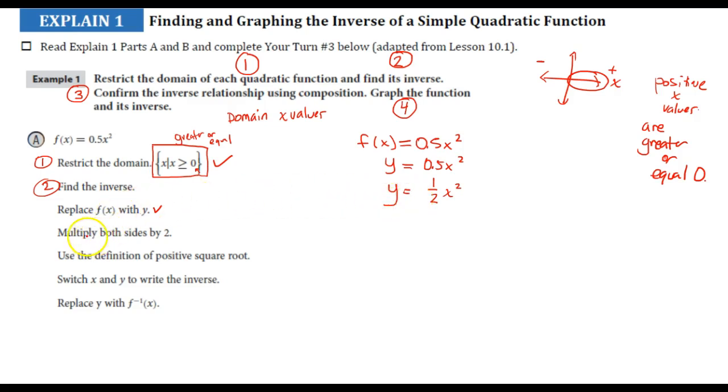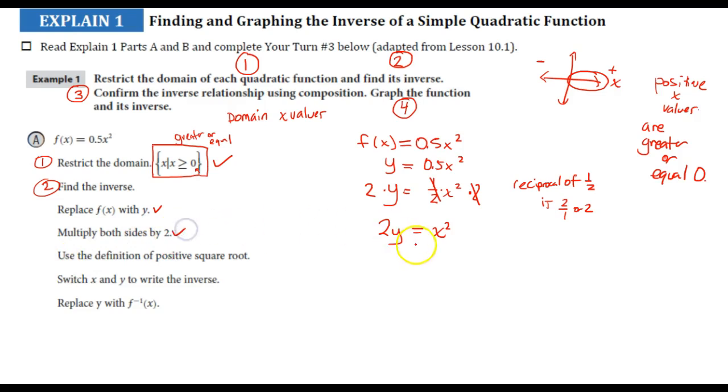The next thing we're going to do, it says here, multiply both sides by 2, which coincidentally is the reciprocal of 1 over 2. So the reciprocal of 1 over 2 is 2 over 1, or 2. So I'm going to multiply both sides by 2. That cancels out. I'm left with x to the second power equals 2y.